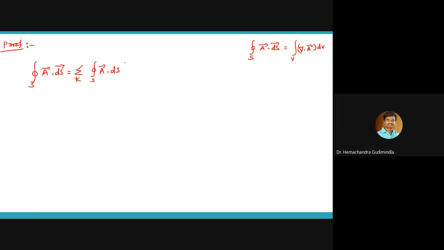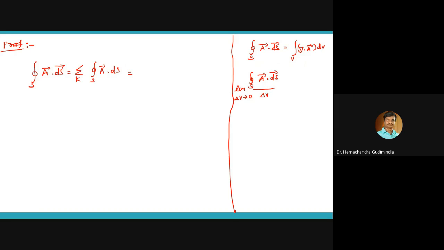Now, looking at the integral of A bar dot dS bar, I know the statement. How to prove it? Send the volume integral to this side. If you send the volume integral this side, the integral over the closed surface of A bar dot dS bar becomes limit del v tends to 0 of one divided by del v, and this dV will become del v.